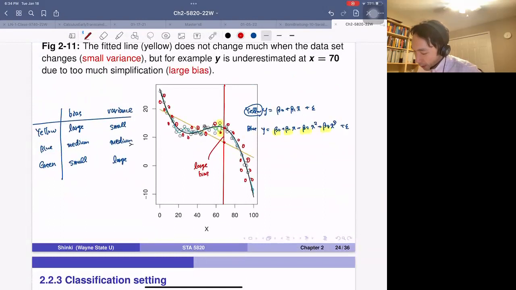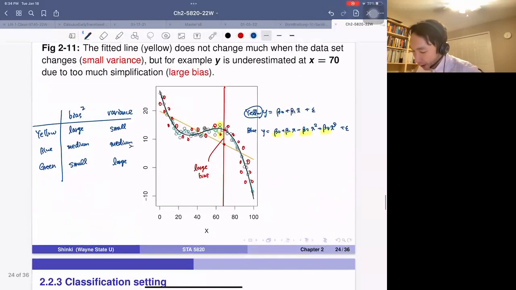Yeah, so maybe accuracies may be different. Possibly in total, the blue one has the smaller expected error size. That's possible. If accuracy is the same, the sum of squared bias and variance are the same.